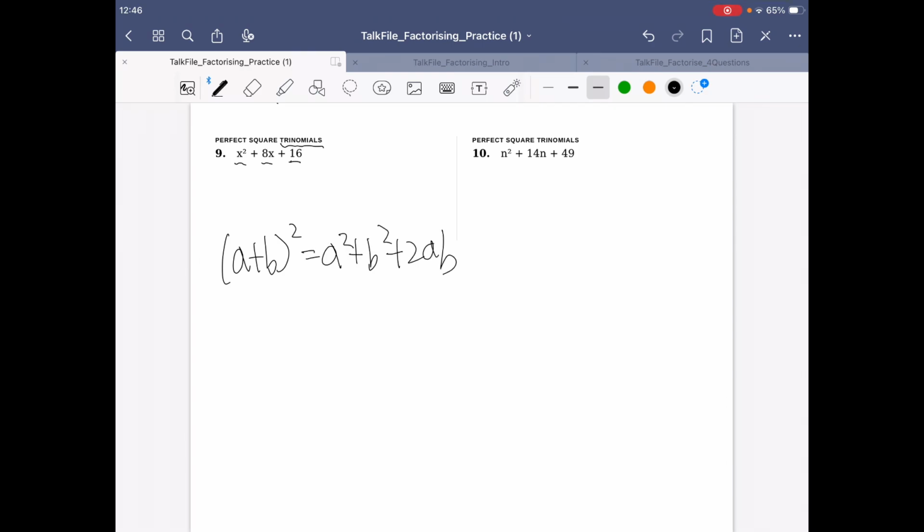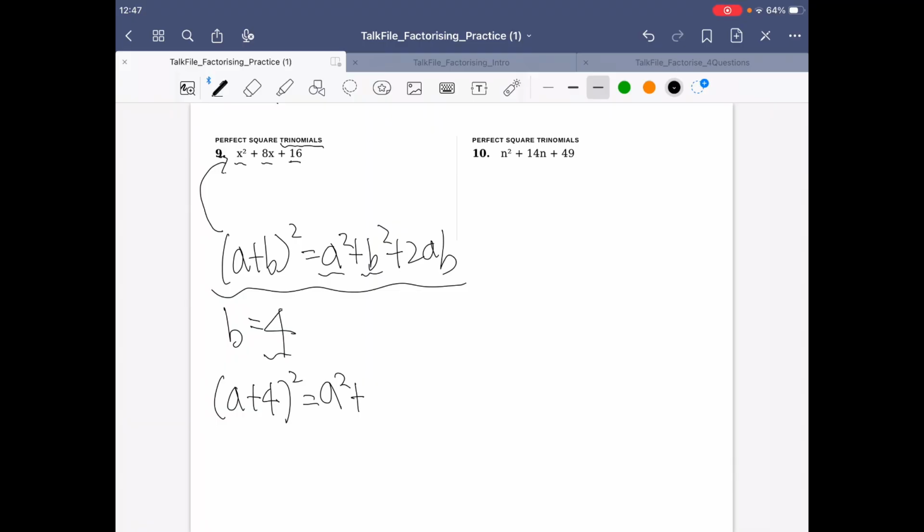Then how do we use this formula to factorize this expression? Actually, if you put 4 into b, that basically means a plus 4 squared. So a squared stays the same, but b squared will be 16, because 16 is 4 squared.